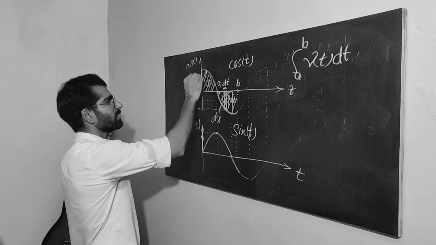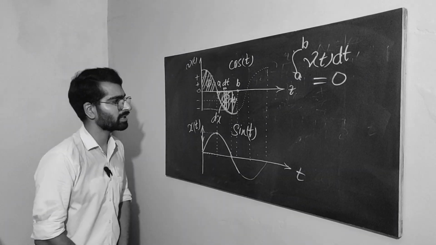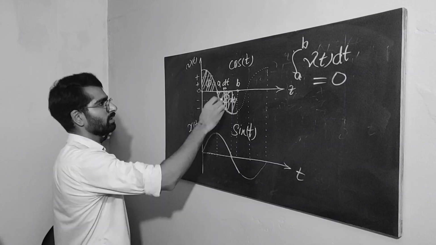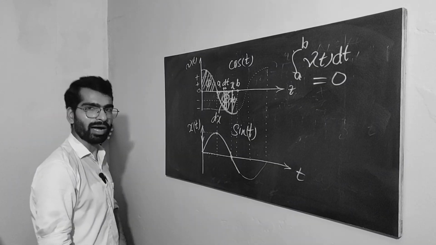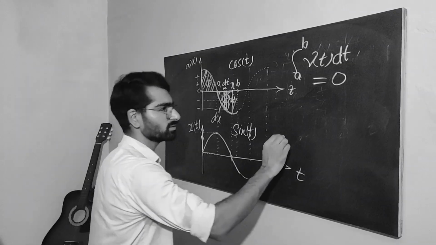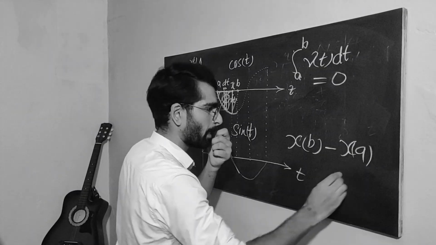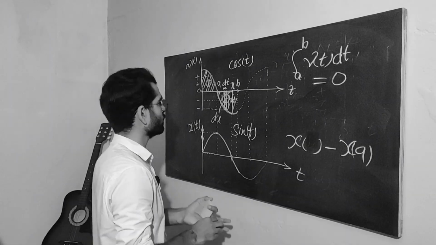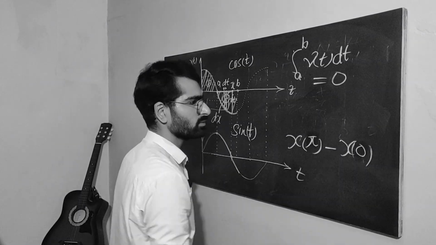So if I add this area with this one, it should give me 0, because you are here at time t equals 0 and you end up here after pi seconds, and so I have to find this height difference, x of b minus x of a, which is really x of pi minus x of 0.